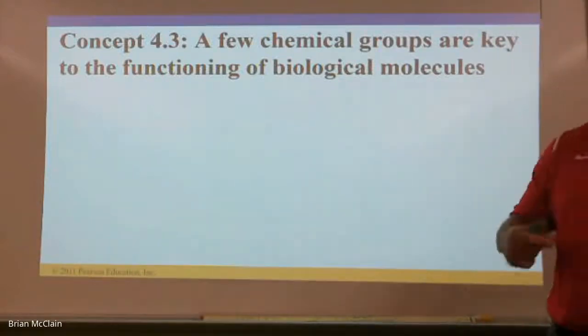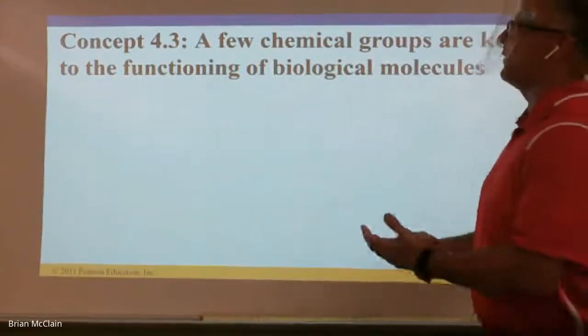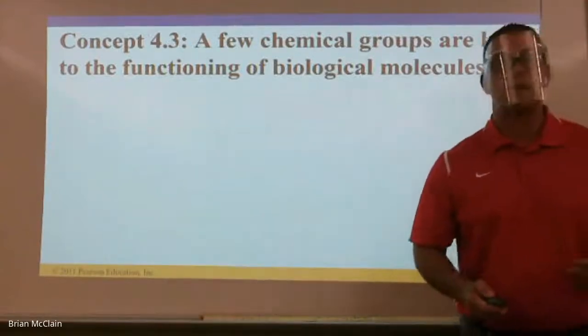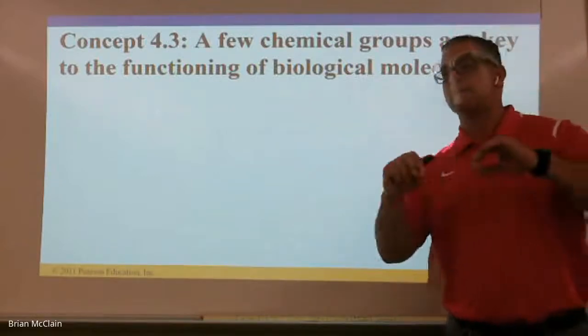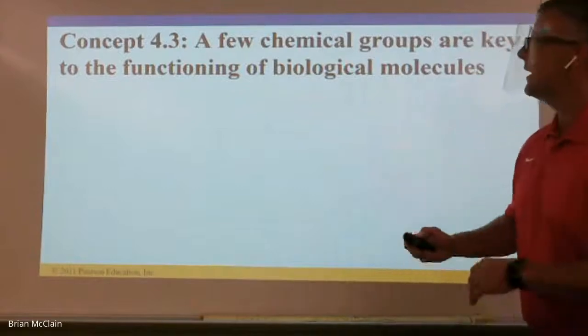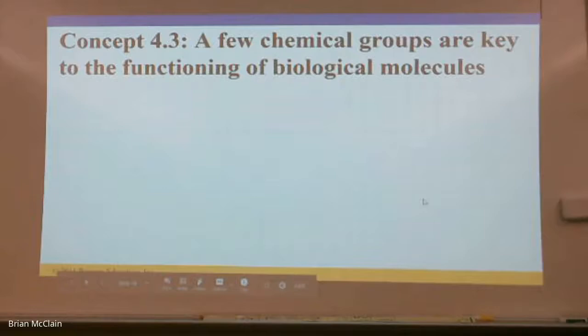So this is kind of understanding how the building blocks work, just like yesterday's discussion talked about, understanding the backbone and whether we had single or double covalent bonds throughout the system. So the functional groups are really quite critical in understanding how we build these more complex molecules.